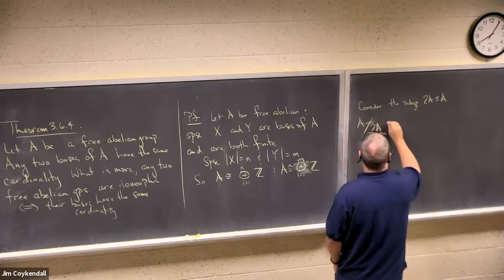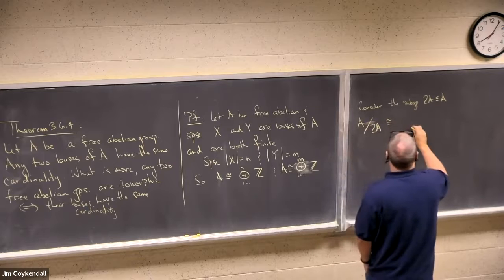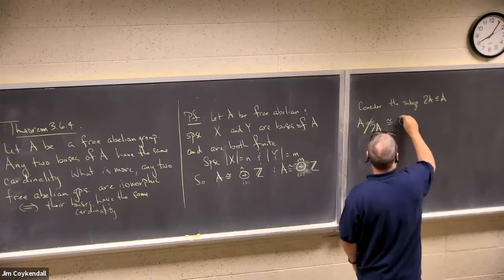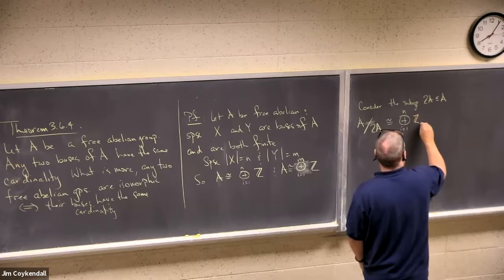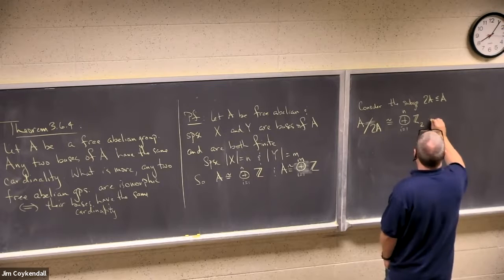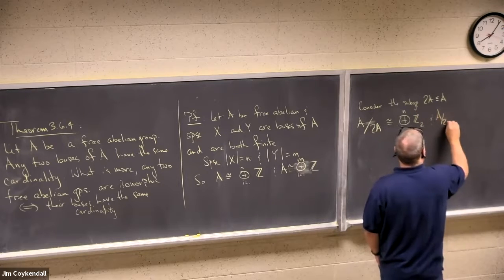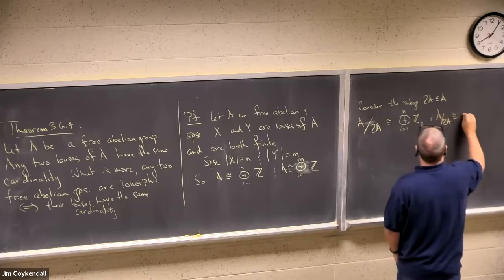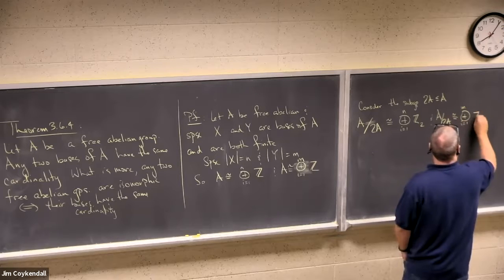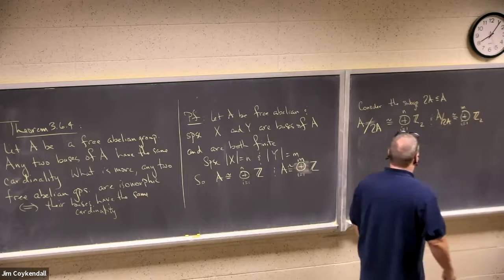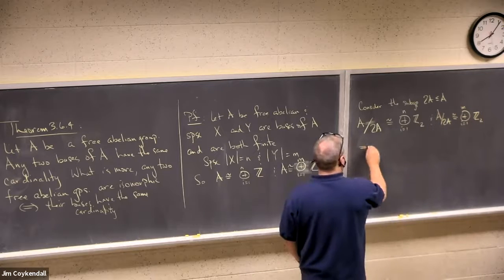It's easy to check that A mod 2A is isomorphic to a direct sum of copies of Z2.